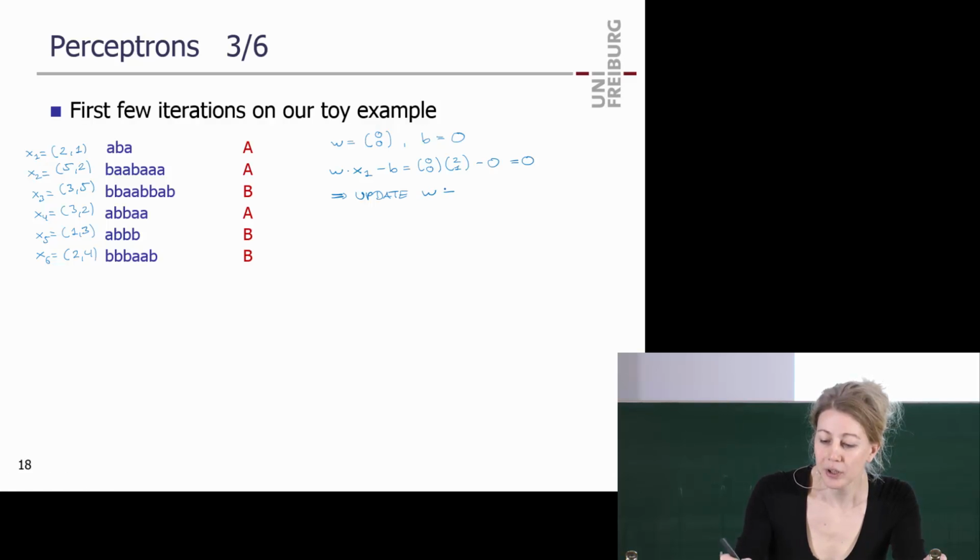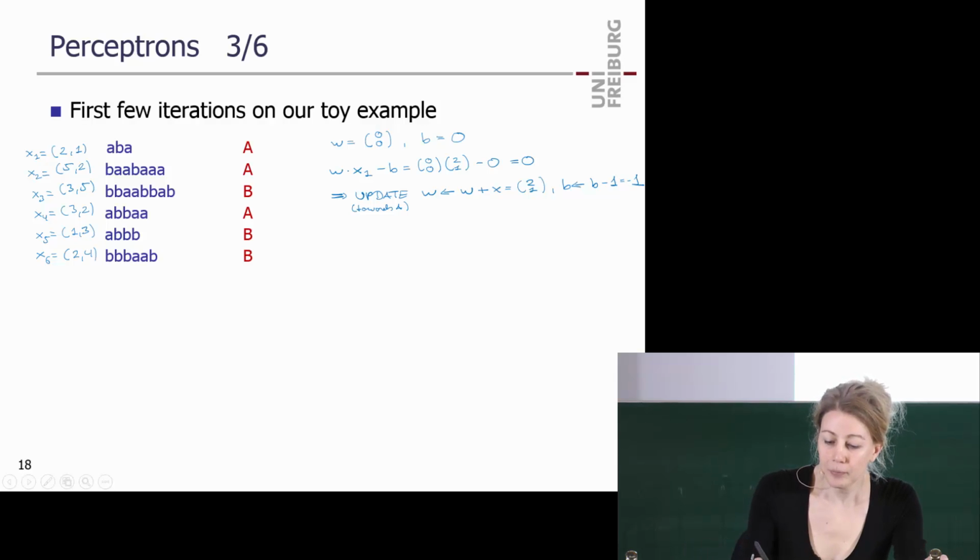It's an a, so I want a plus. So it's an update towards a. So w gets w plus x, which is now 2, 1. And b gets b minus 1, which is minus 1.